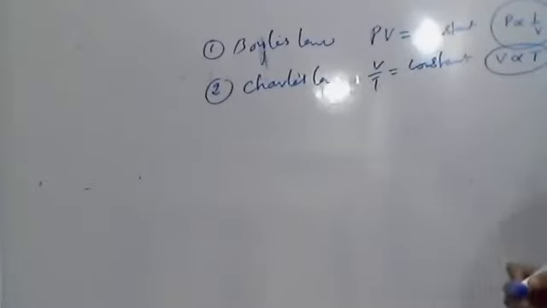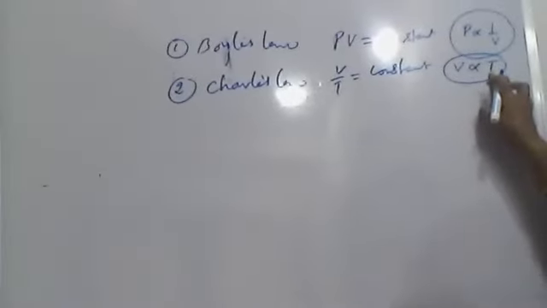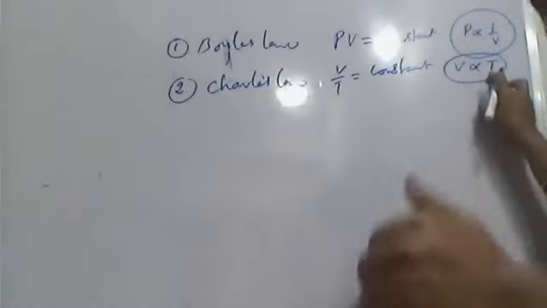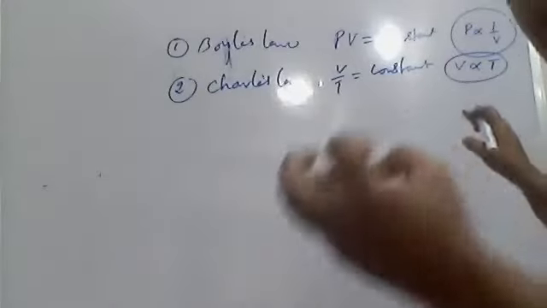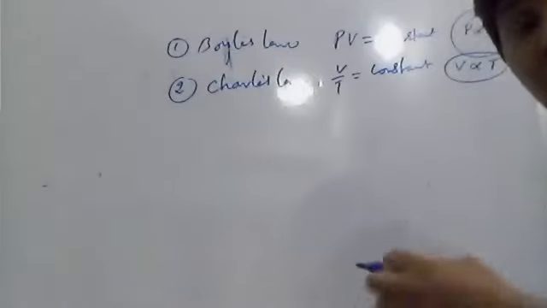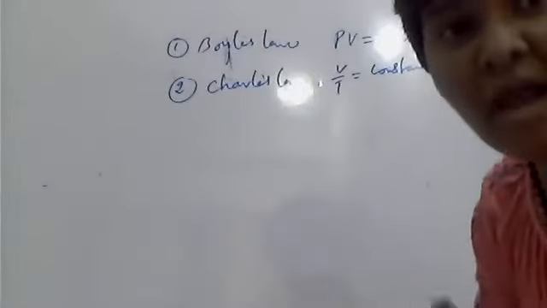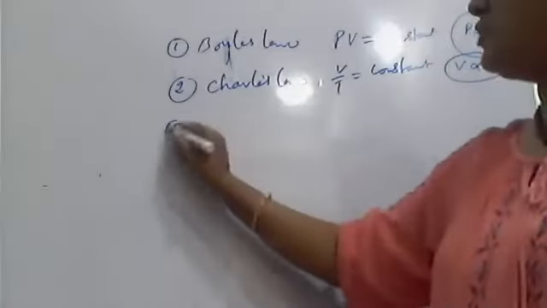In yesterday's class, we learned that as the temperature of the gas increases, volume increases, because as temperature increases, the heat of the gas molecules increases, kinetic energy increases, therefore collisions increase, and gases try to expand. Therefore, volume increases.